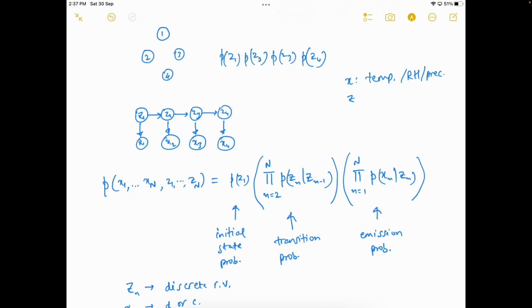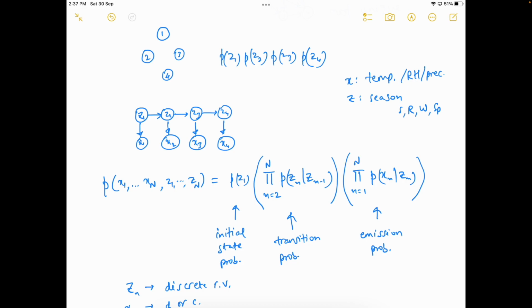And my Z is season. Let's say there are 4 seasons here: summer, rainy season, winter season, then spring season. In India they say there are 6 seasons, but I will consider 4 of them.